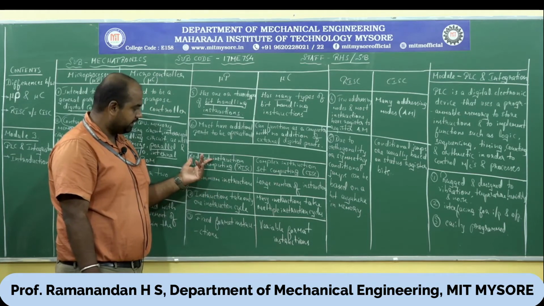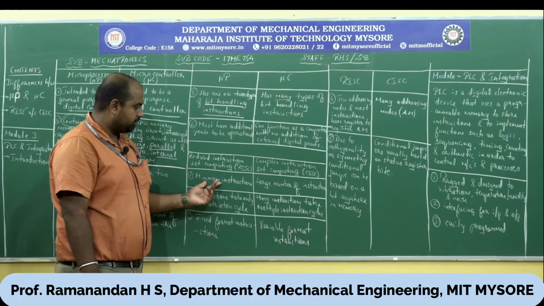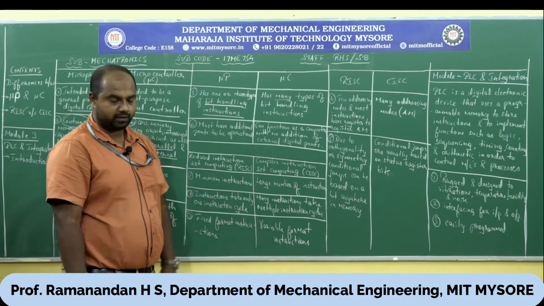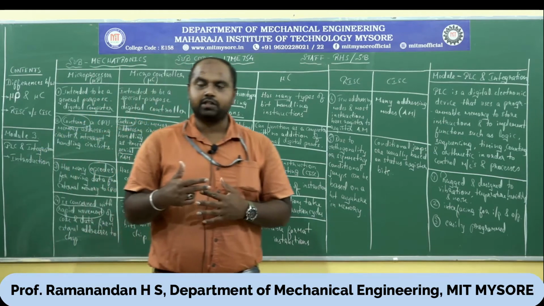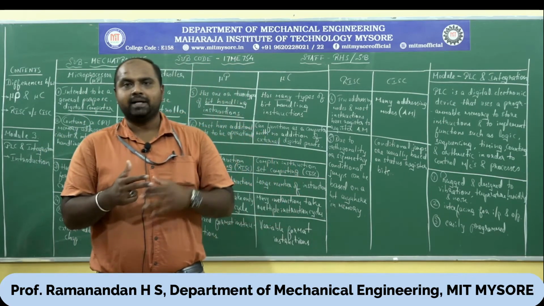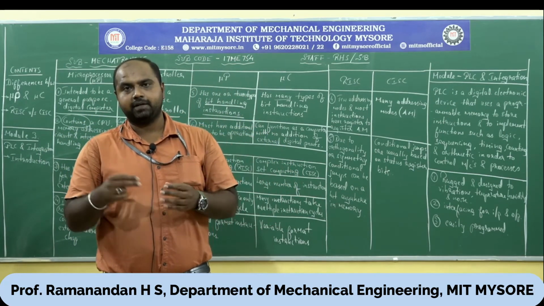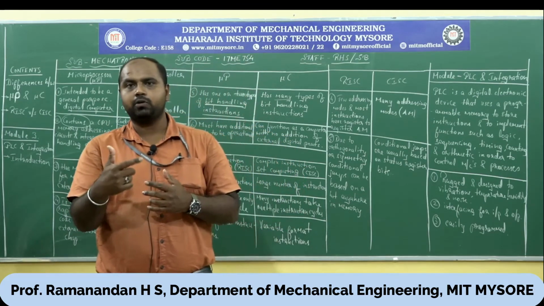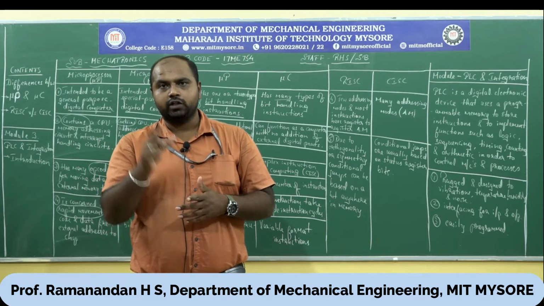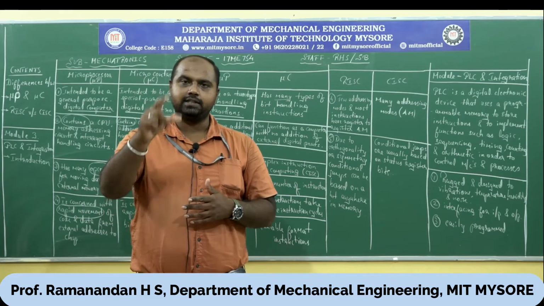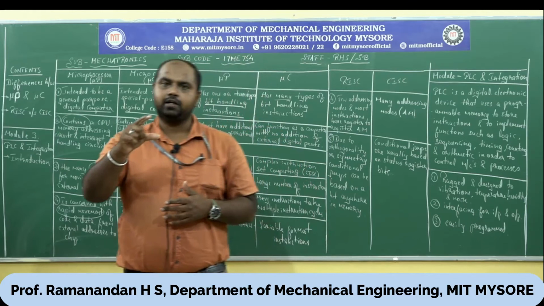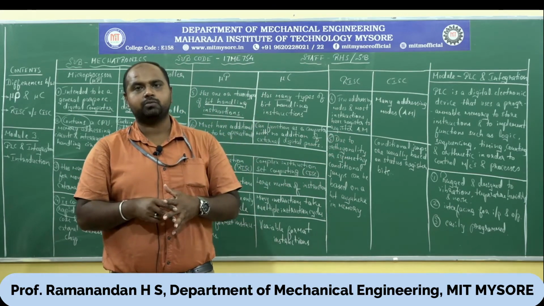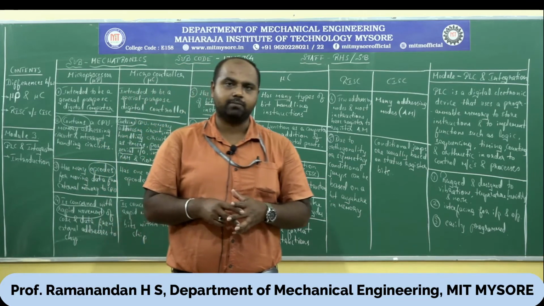Reduced, the word itself indicates it is working with a minimum of instructions. Here, a large number of instructions are required. Reduced instruction set computing is about the instruction cycle. If I give you an input, with how many cycles does the output come out of the system? Very few instructions are fed to the microprocessor, and it will give the output within a short span of time. That is called reduced instruction set computing.